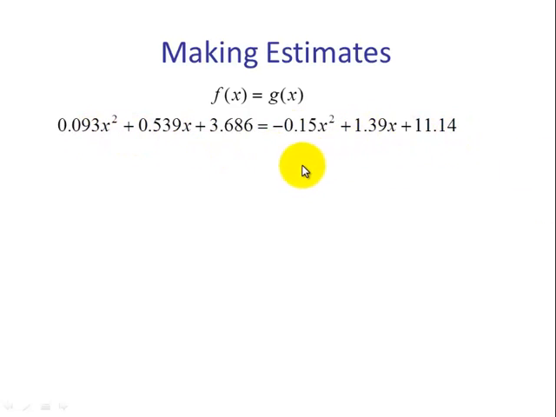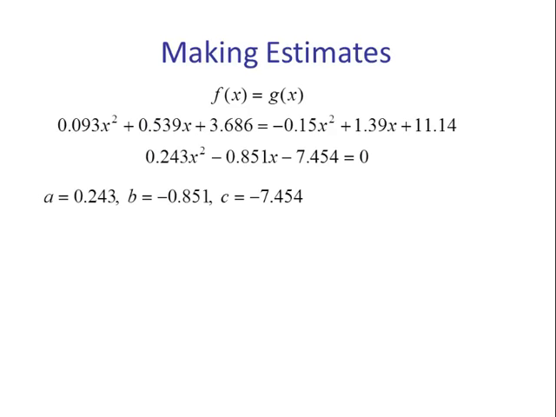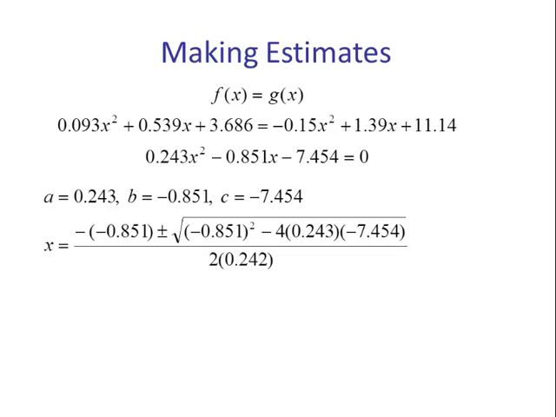Moving all three values on the right hand side to the left hand side gives us a quadratic of 0.243 x squared minus 0.851 x minus 7.454 equal to 0. This tells us what our values of a, b, and c are.